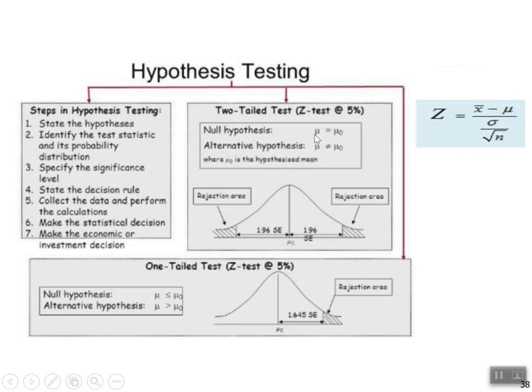Because if our sample mean really represents the population mean, then it should be closer to the mean of the z-score. It should be closer to the central line. The further away our z-score is, the further away our sample mean is from the population mean, right?